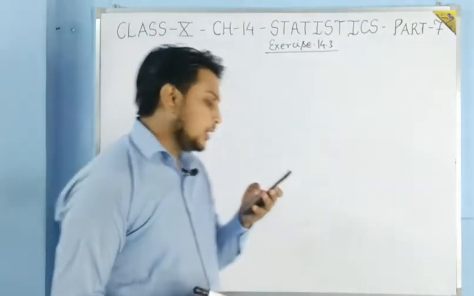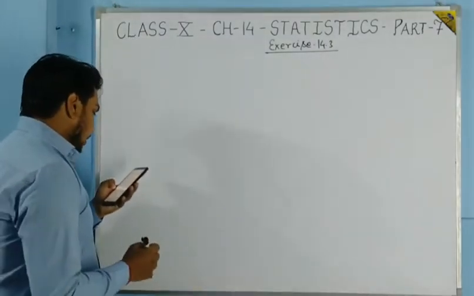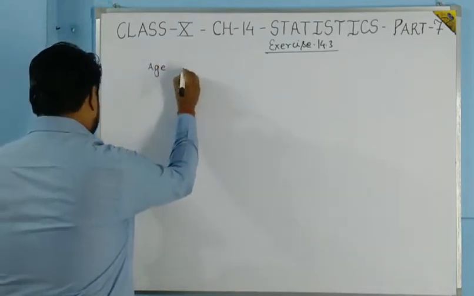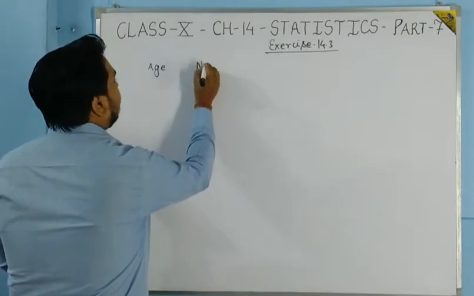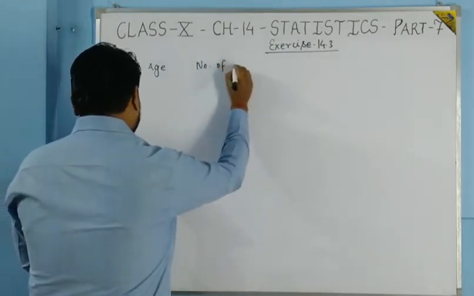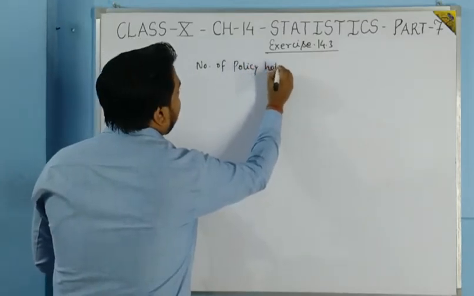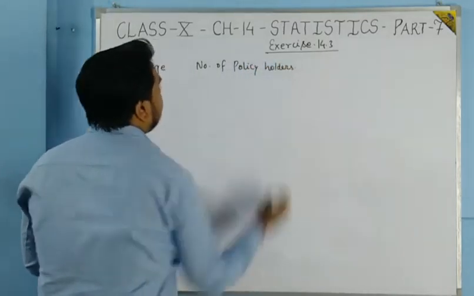The table is given like this: age, and here it is written number of policy holders.